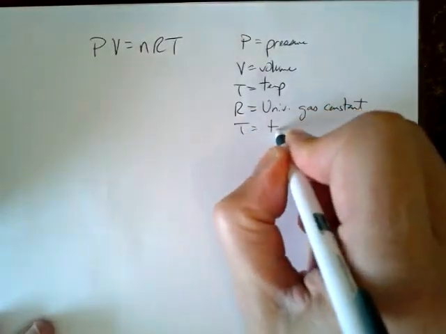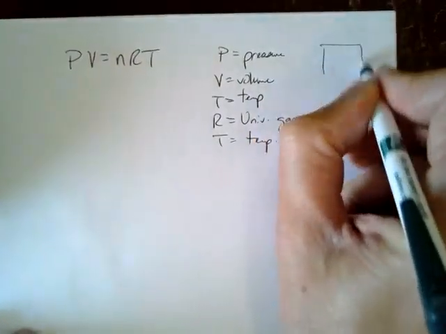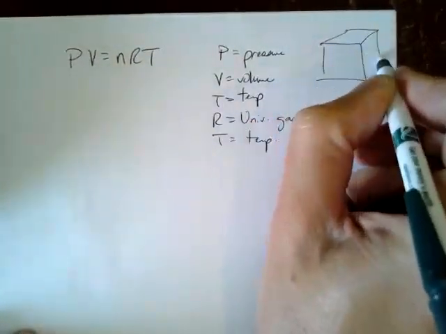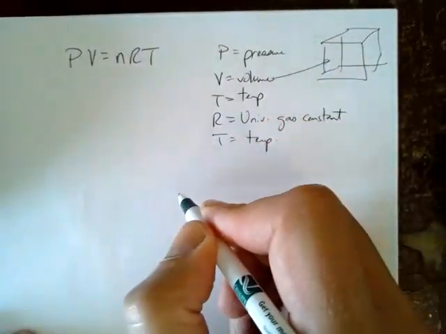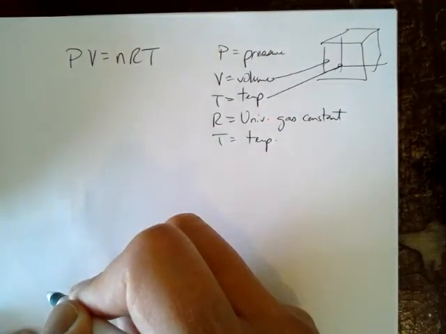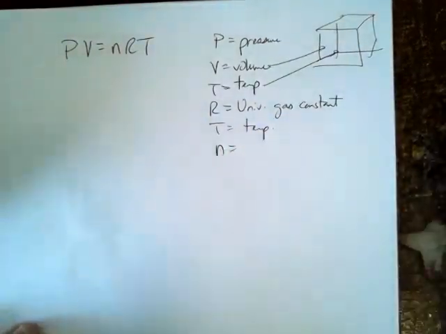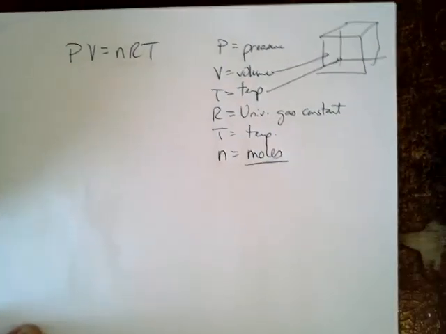And T is the temperature that the gas is at. So really what this says is, if we have a box full of gas, and we know the volume of the box and we know the temperature that the gas is at, I haven't specified what n is. n is the number of moles.